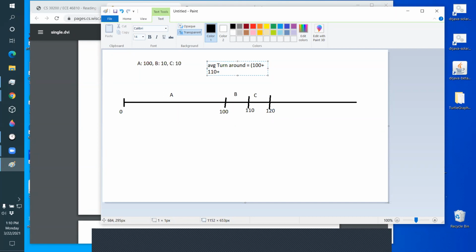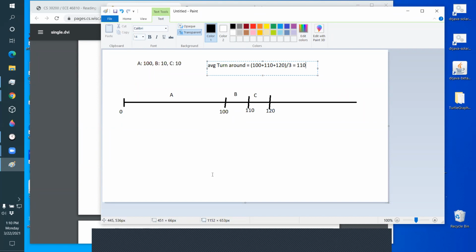And C's turnaround time is 120. Divide by 3. Can I do that in my head? 110. Yeah, so the average is 110, because you're averaging these three numbers here, so the average is right in the middle.